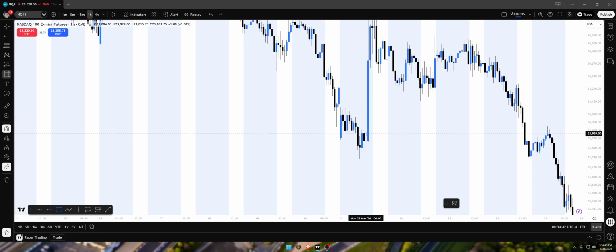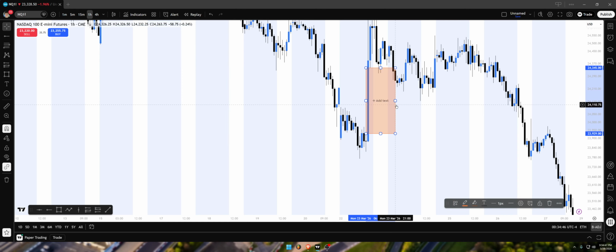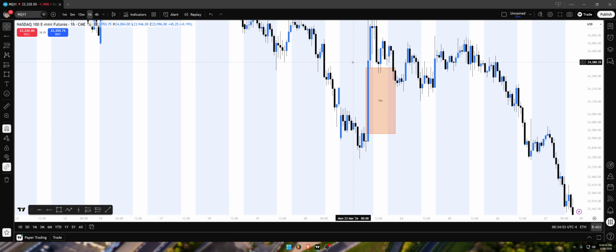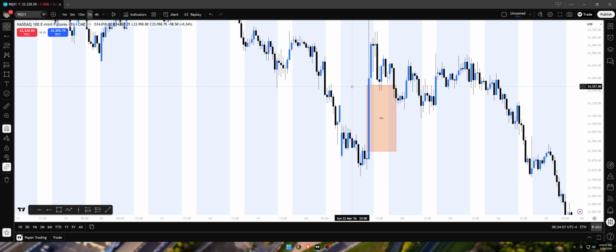It's very visually intuitive. So right here, we have a 1 hour bullish fair value gap. Bullish because it's going up. And what makes it a gap? Well, you can see the start of this 3 candle series. The first wick is here.